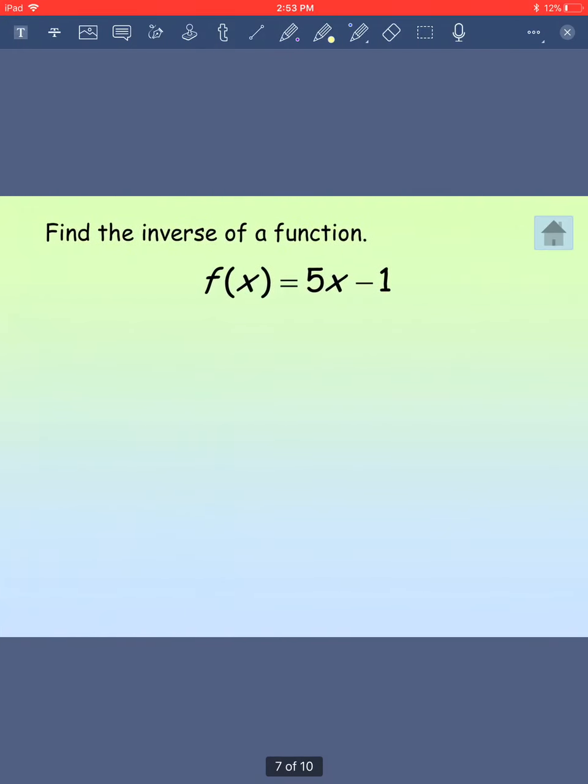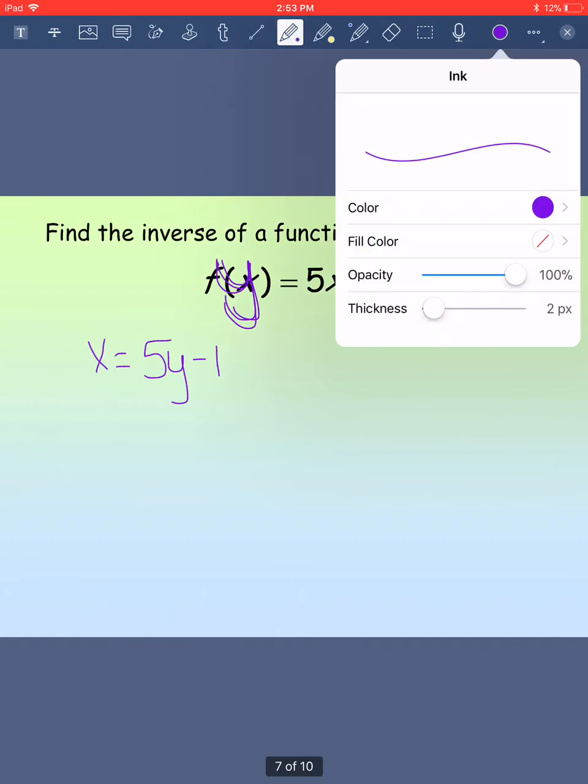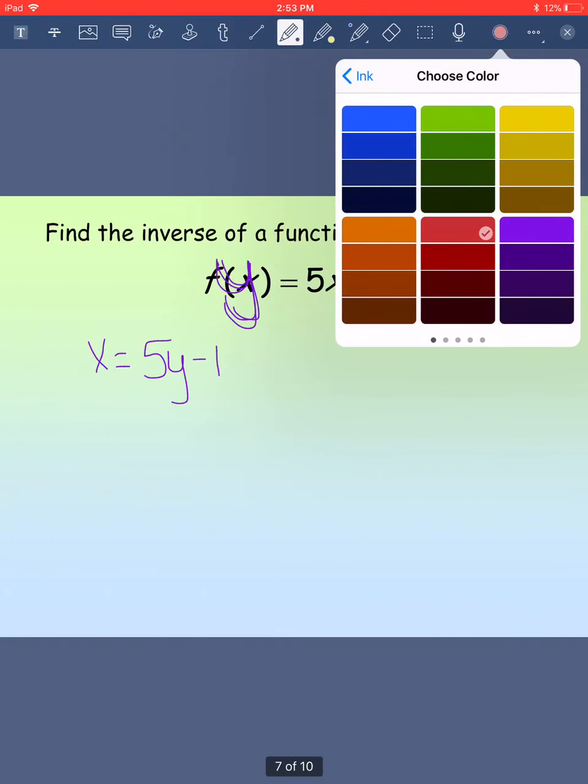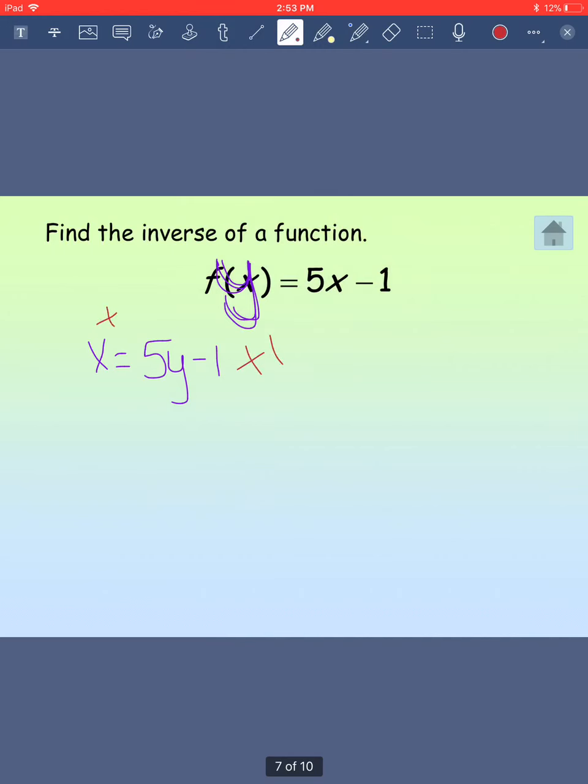I have f of x equals 5x minus 1. So I'm going to write over f of x and make it a y. And now I'm going to switch x and y. So x equals 5y minus 1. So to solve for y, I'm going to add 1. So x plus 1 equals 5y.